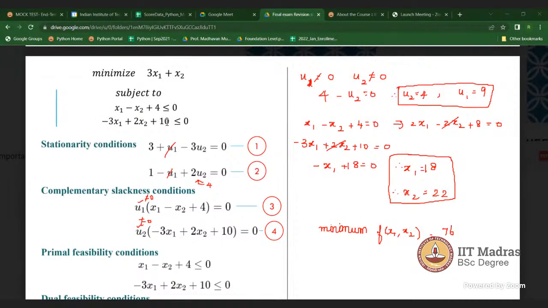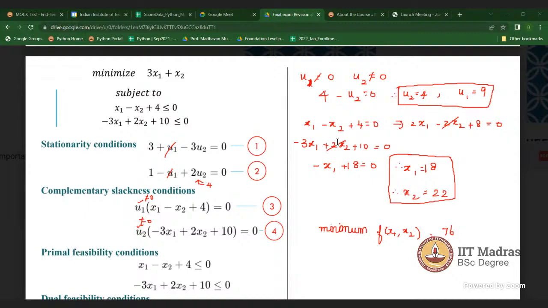So we have the Lagrangian of x comma u as f of x plus u1 into h1 of x plus u2 into h2 of x. Now we need to differentiate it with respect to x1 and with respect to x2 and equate it to 0, because the gradient should be 0.